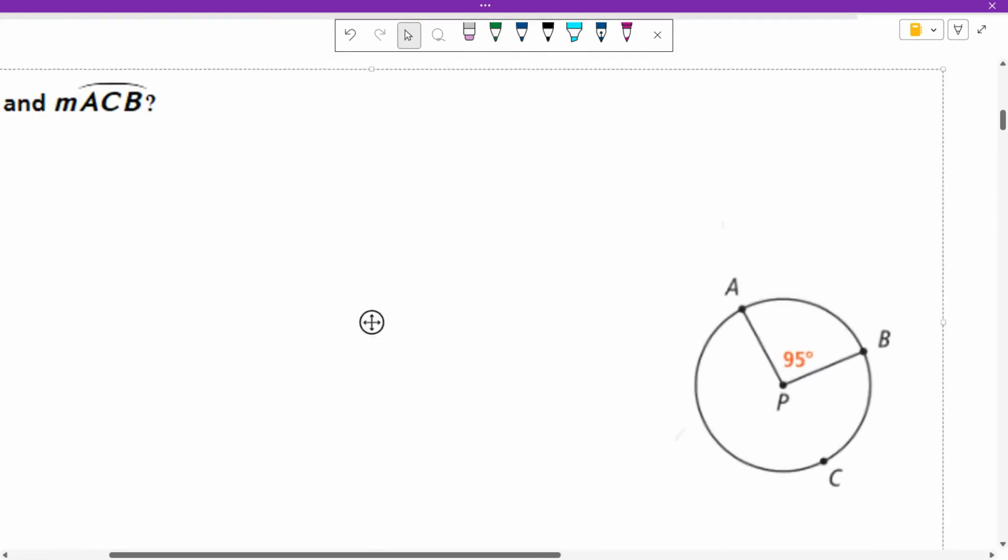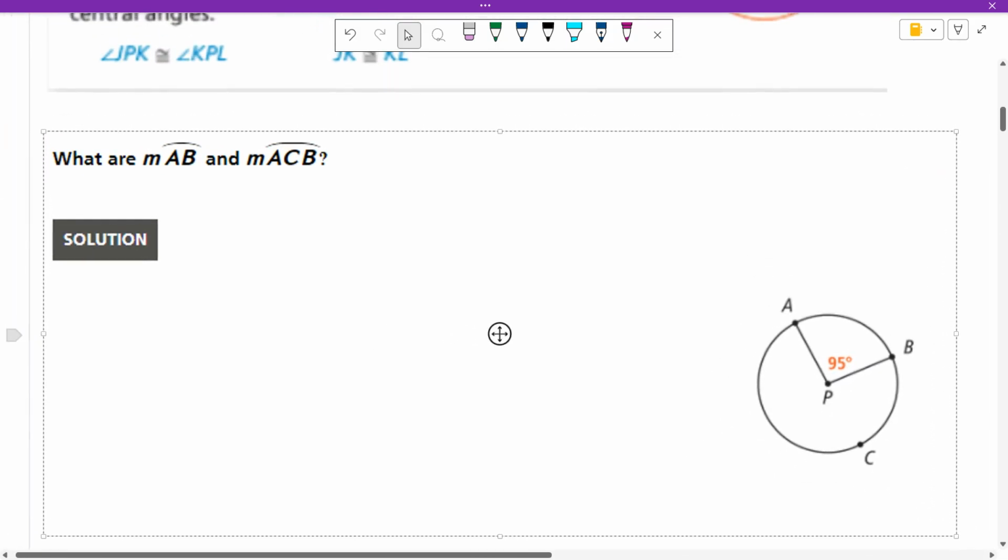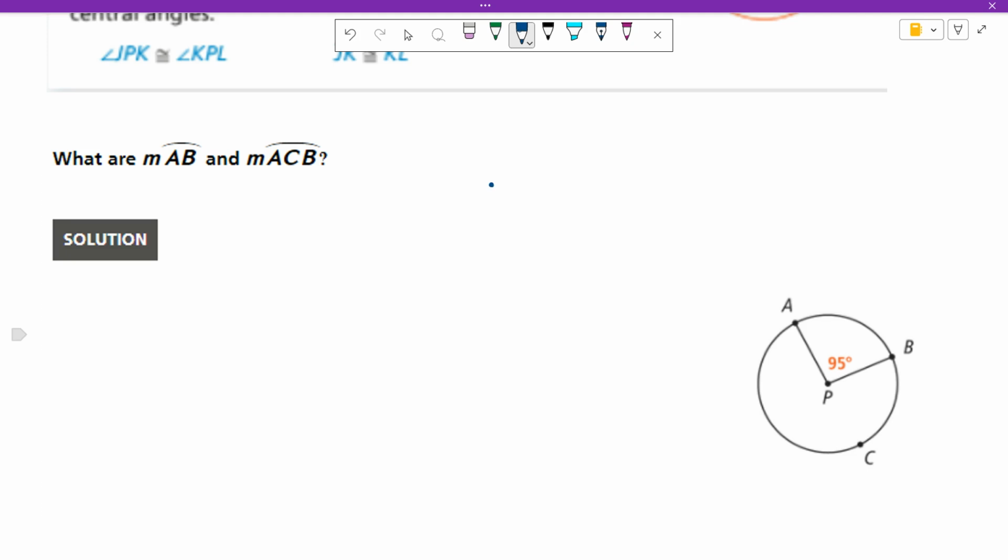All right. So, how many degrees are there in a circle? 360. So, the arcs have 360 as well. So, arc AB is 95.